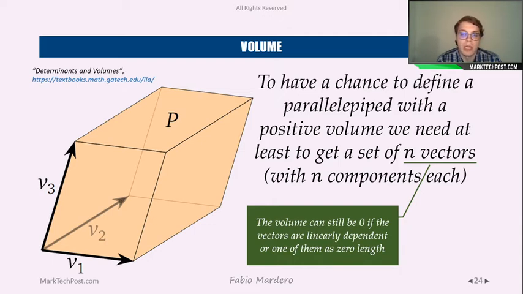Of course, if we take n vectors, a volume greater than 0 is not guaranteed, because the volume can still be 0 if the vectors are linearly dependent, or one of them has 0 length, so it is the null element of the vector space.